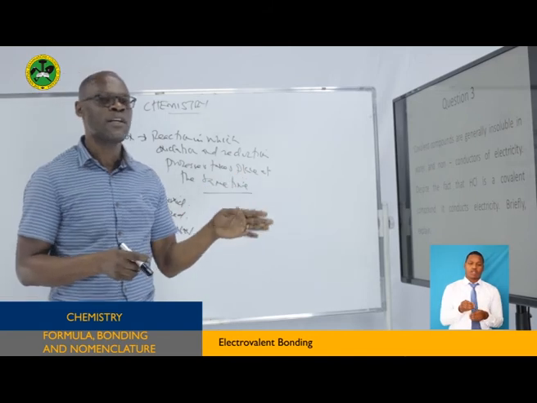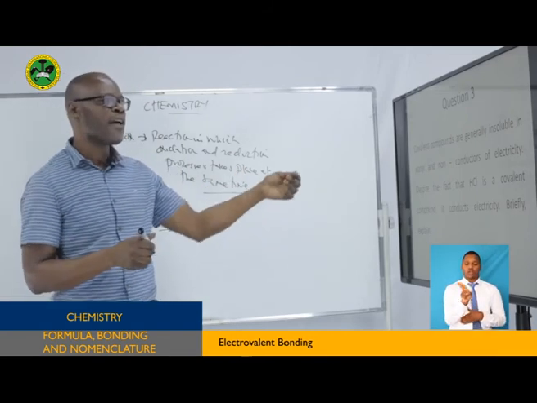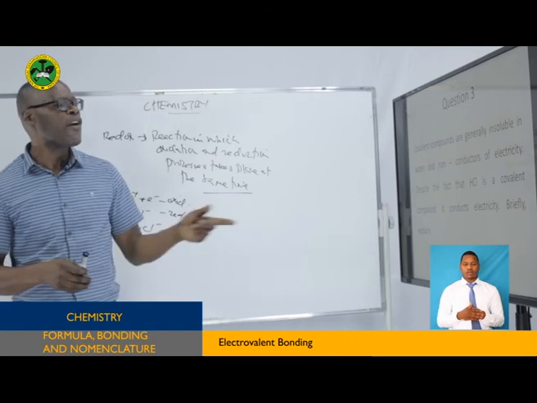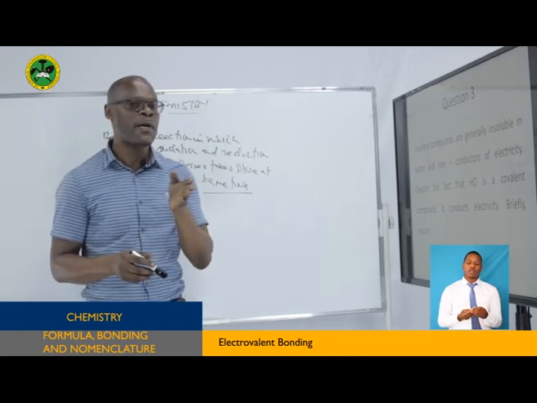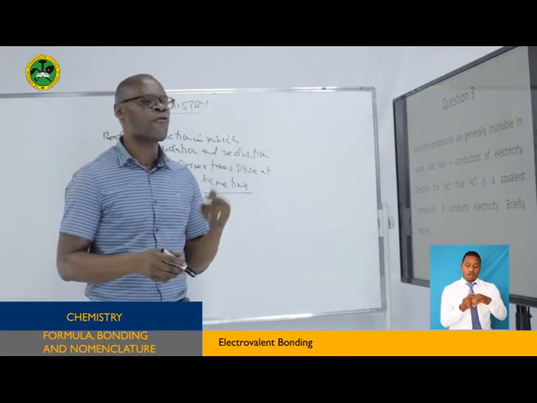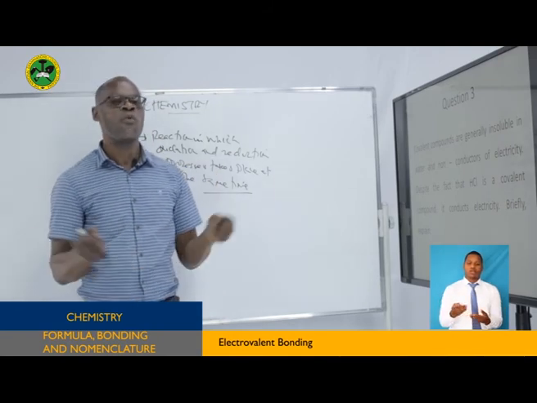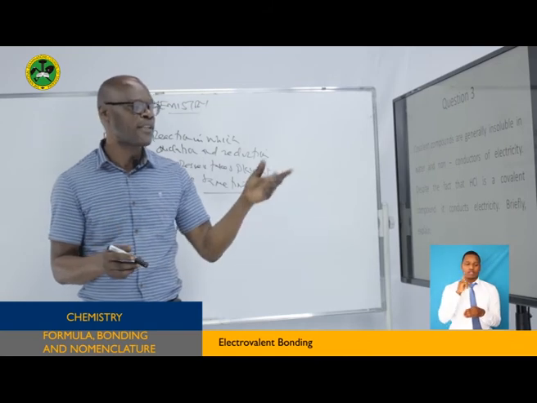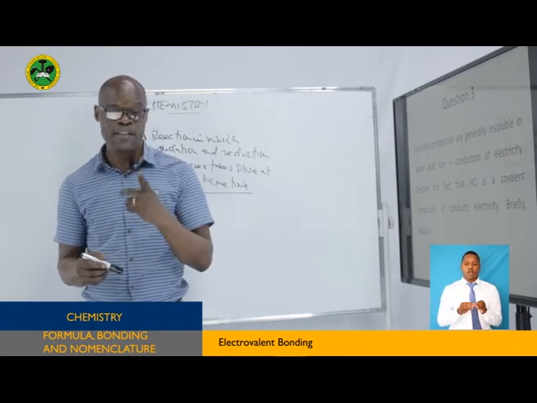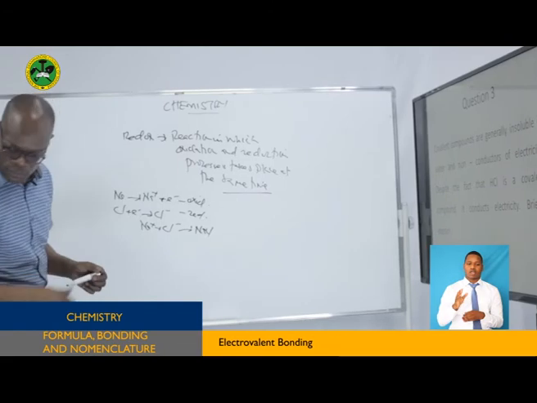The one electron of hydrogen can be released because of the attraction power of chlorine. Then hydrogen will form a partial positive charge and chlorine a partial negative charge. The partial positive and negative charges will attract each other to give some kind of ionic character in HCl. This is what we mean.